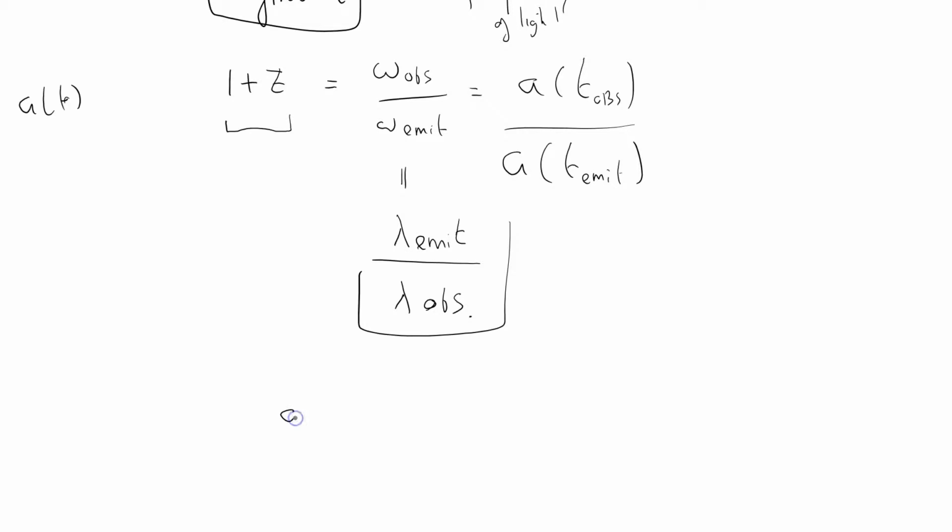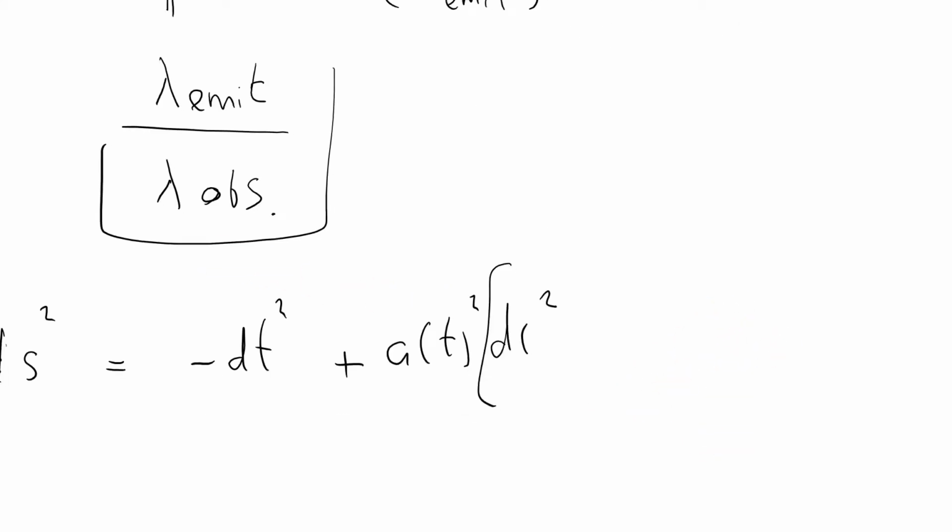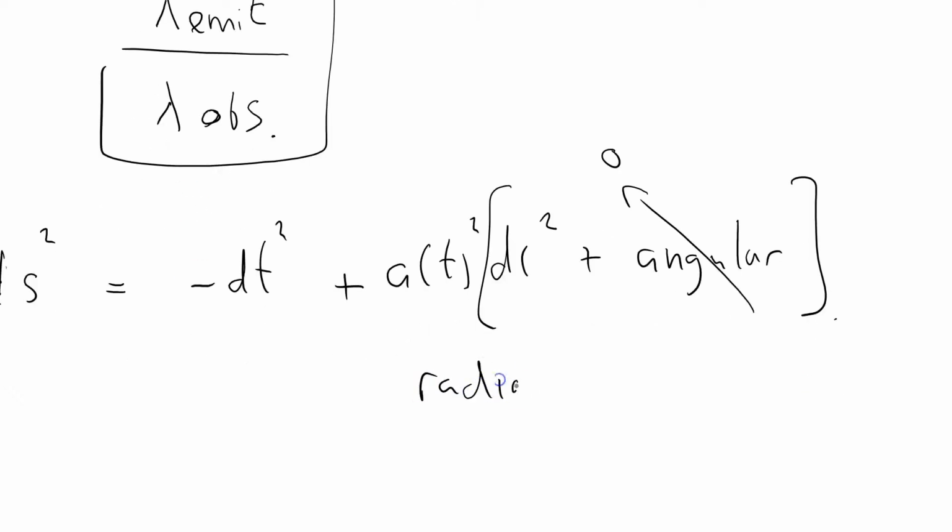I'm going to go back, I'm going to pinch in a little bit here. I'm going to go back to my squared distance element, minus dt squared plus a of t squared dr squared plus angular stuff, which I'm going to ignore for the moment. I'm just going to consider radial motion.